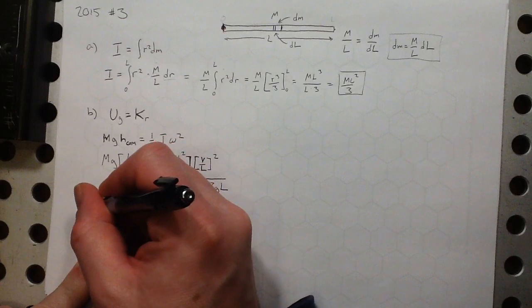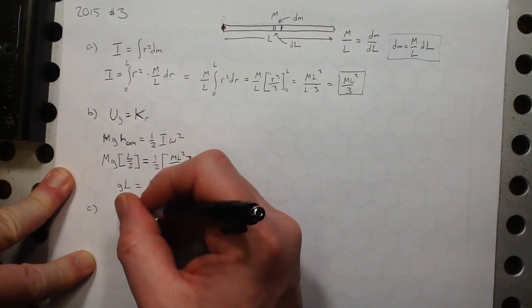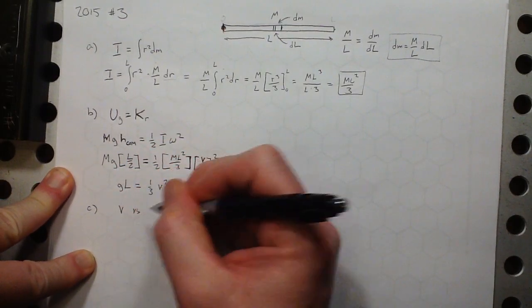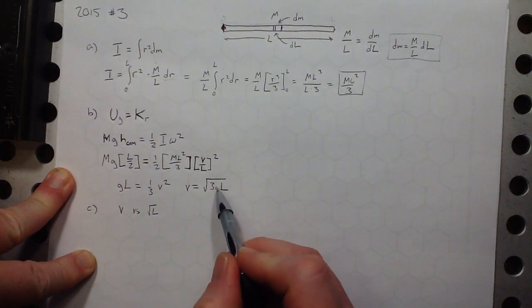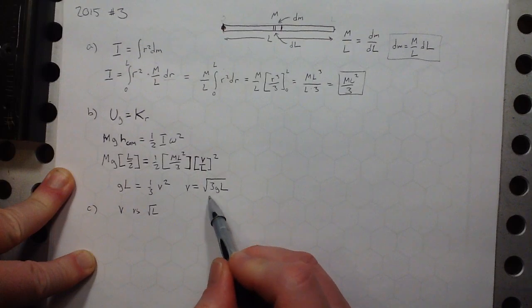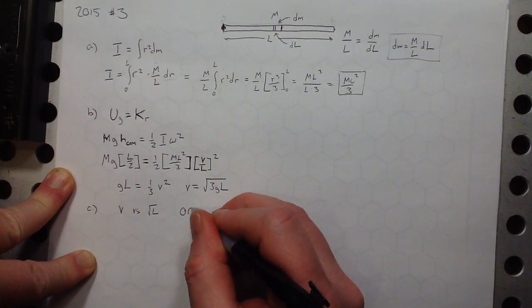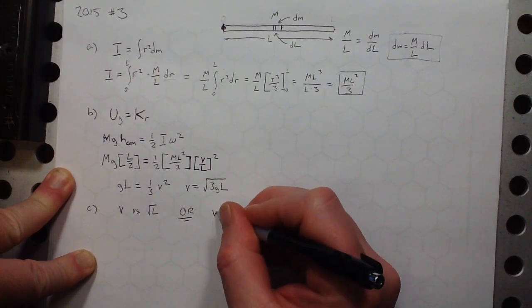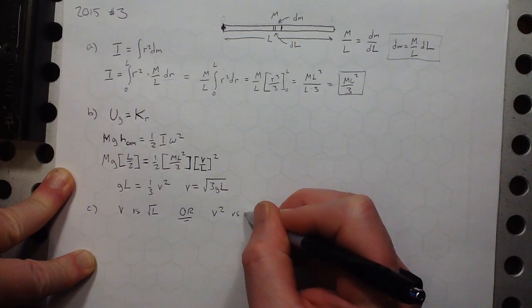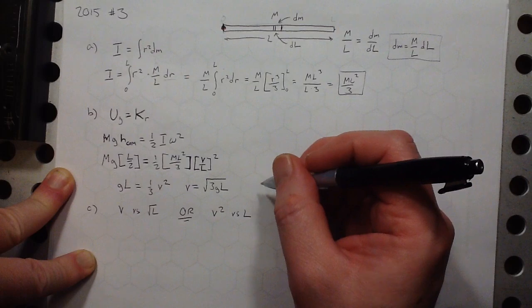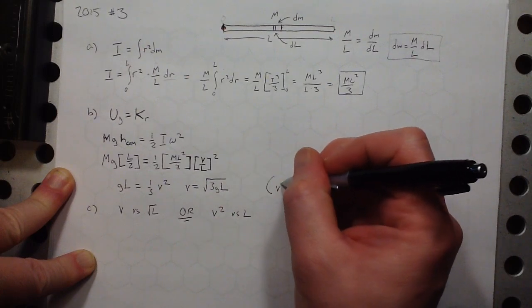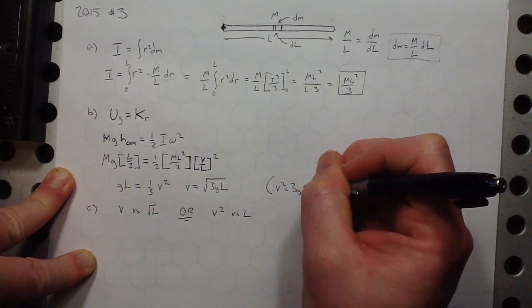You could make a graph of V versus the square root of L, right? And then the slope of that line would be the square root of 3G. Or you could do V squared versus L, right? If you square both sides of that, you'd get the expression V squared is equal to 3GL.